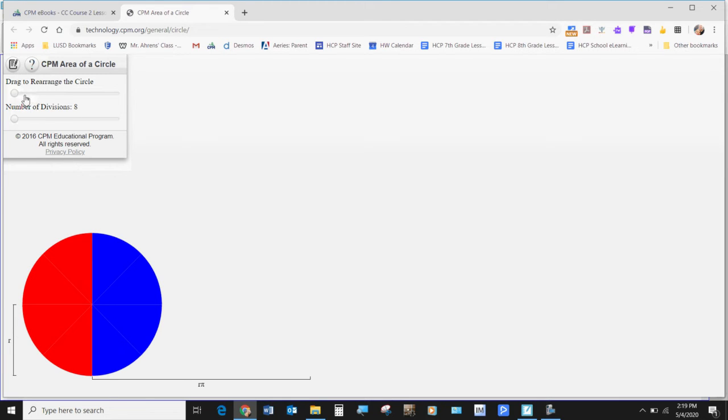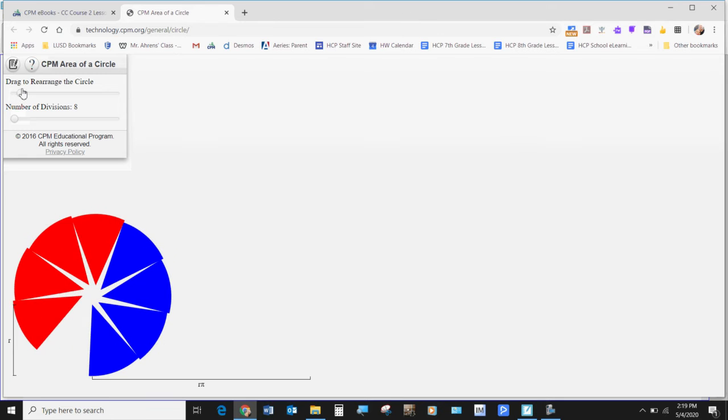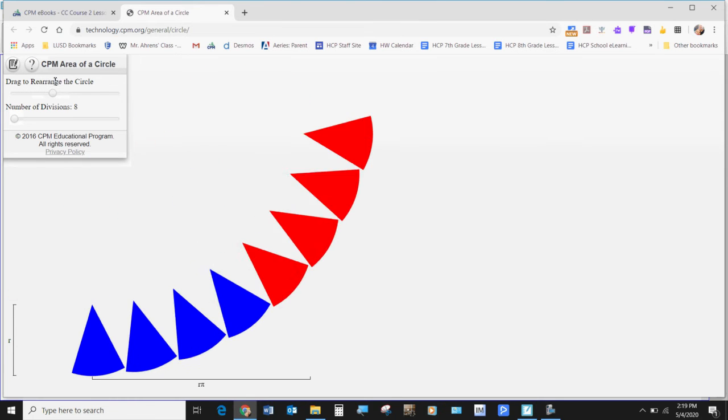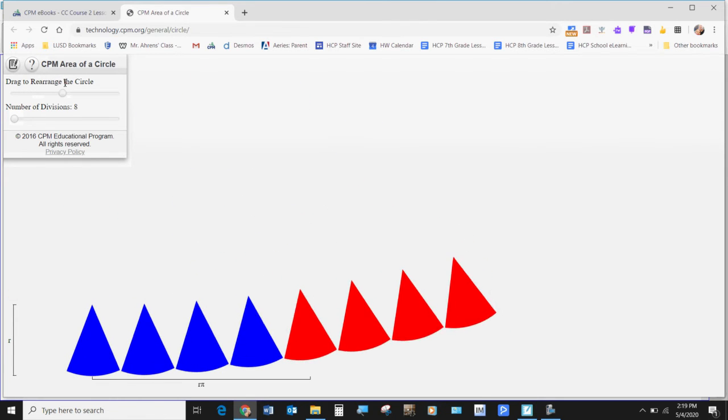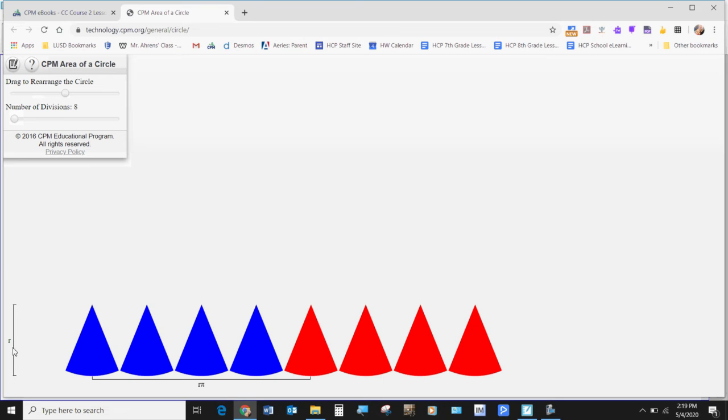And if I rearrange this circle, I can divide it into a number of different parts. The minimum number of parts they want us to break it into is 8. So what I'm going to do is drag this circle like this and lay it on end. Now notice how this distance all the way across the bottom was the circumference of that circle, correct?